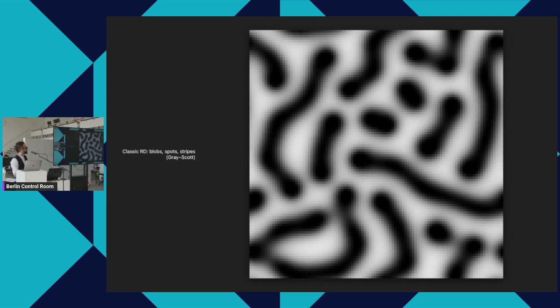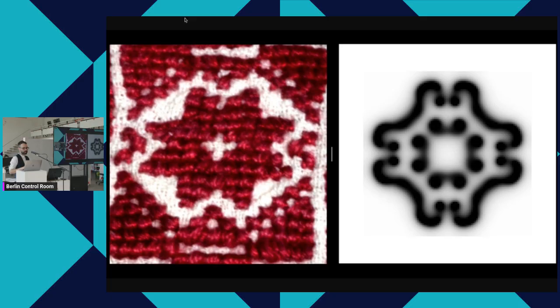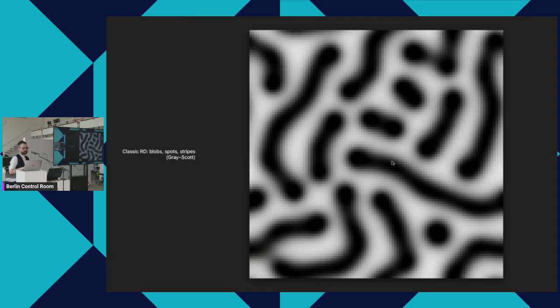The black spots are the difference between substance A and substance B in their concentration. And by just altering the parameters, I could get from this rather chaotic but organic looking pattern output to something that resembles folk designs.